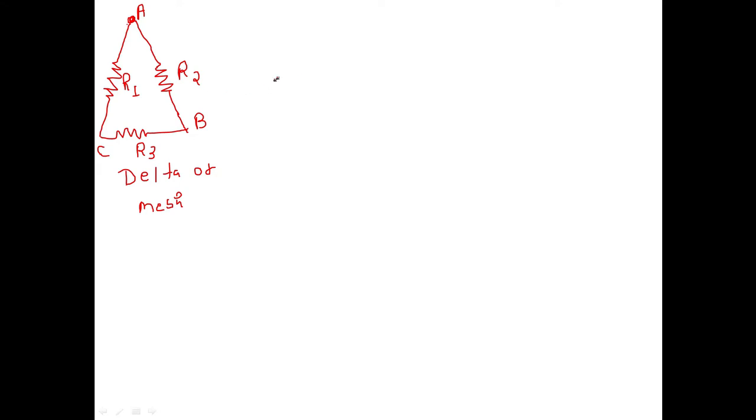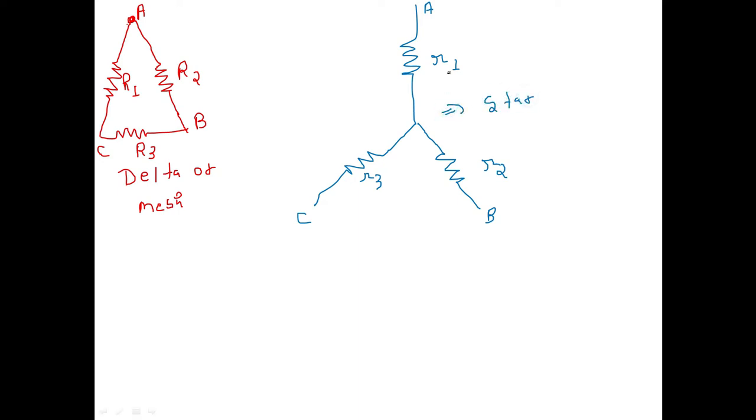Now what is star circuit? The star circuit is in the form of a star, so we'll draw it. The star circuit has two resistances and another resistance, this one having resistance R1, this one R2, and this one R3. This point is A, this point is B, and this point is C. It is known as star circuit because it is in the form of a star, having the resistances R1, R2, R3.